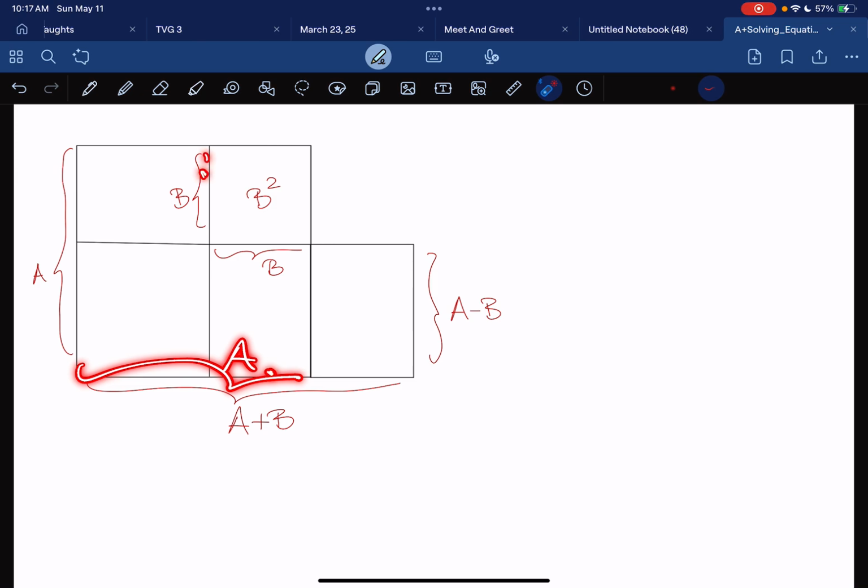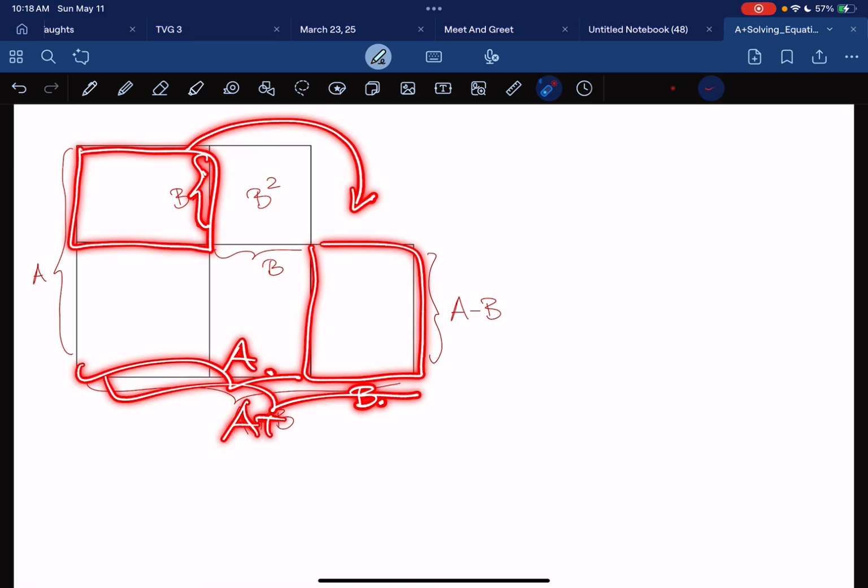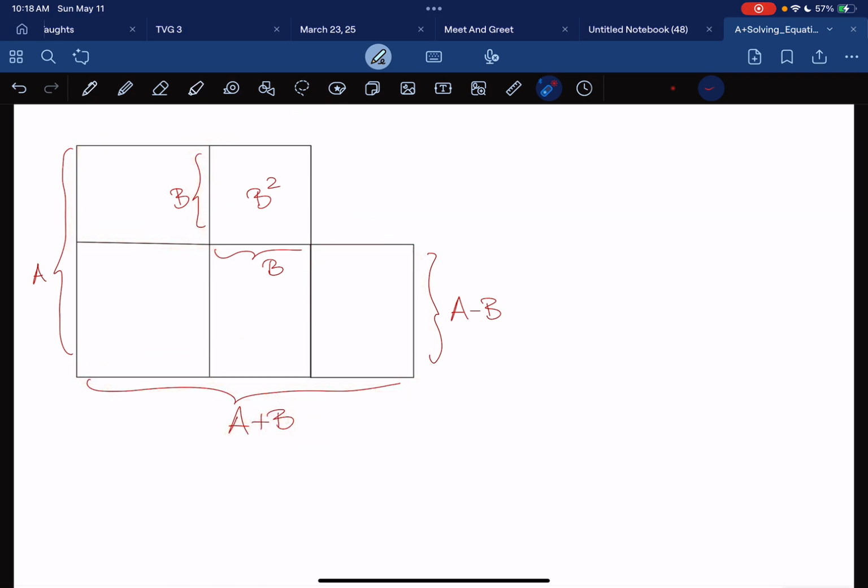Now we added this rectangle, which we flipped, whose base is b. So the total length of this base is a plus b. The height of this whole rectangle is a minus b.